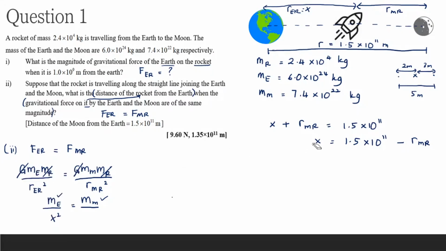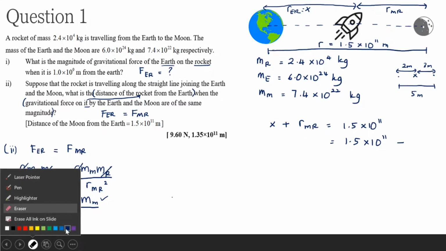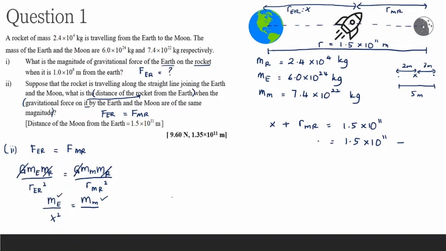Sorry saya betulkan kat sini. Kita nak in terms of X. Sebab nak X dia tinggal dalam calculation kita. Tertukar kat situ. Okay, kat sini kamu boleh letak 1.5 times 10 to the power of 11 minus X square.